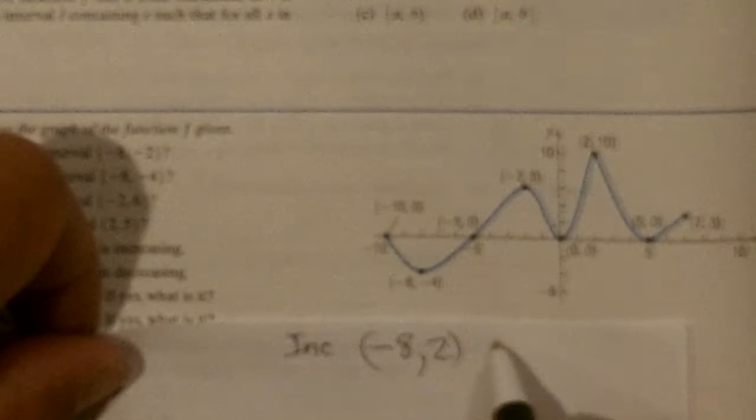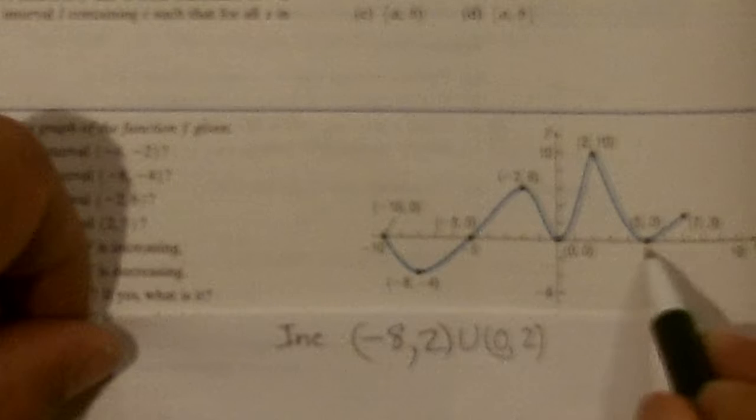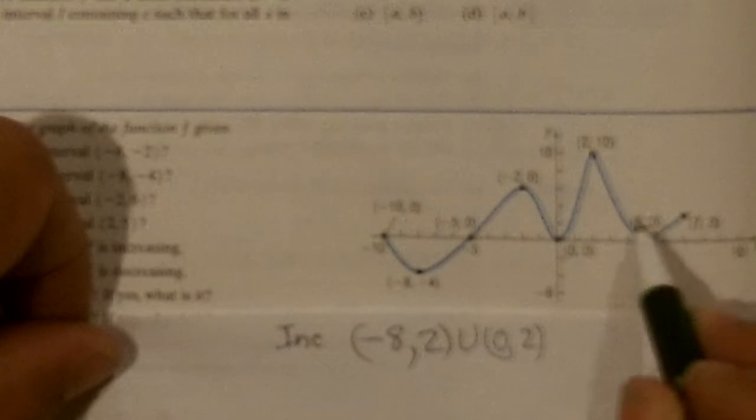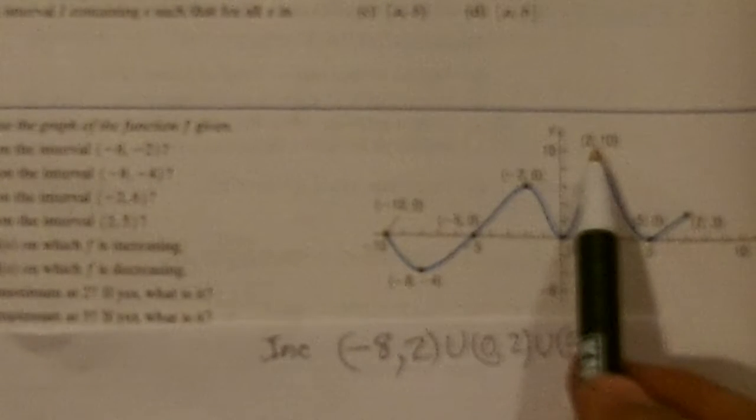And it's also increasing from 0 on the x to 2 on the x. And it's also increasing from 5 to 7. Always looking at the x's for intervals. And you never put square brackets for increasing, because if it's stopping, then it's not increasing there anymore.